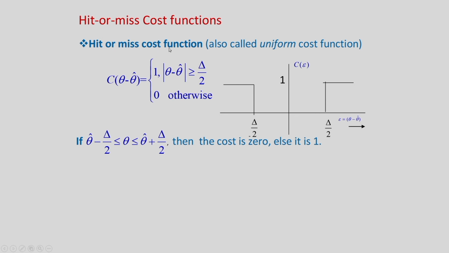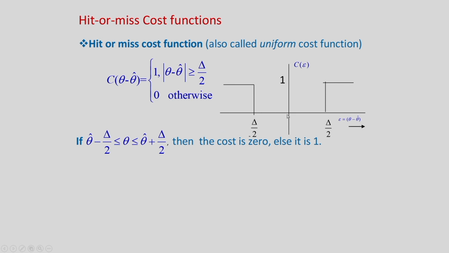Hit or miss cost function, also known as uniform cost function, is given by this: c of theta minus theta hat is equal to 1 if the absolute value of theta minus theta hat is greater than or equal to delta by 2, and 0 otherwise. So, this is the plot of the hit or miss cost function.